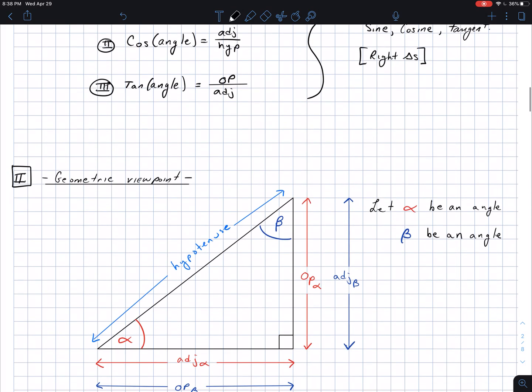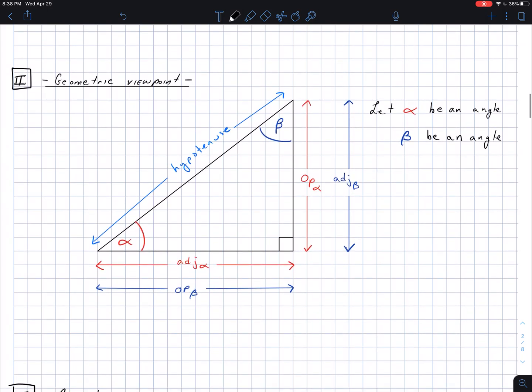The next thing I'd like to do is just show you a geometric viewpoint. Here we have a regular right triangle labeled with its hypotenuse and two different legs. Let alpha be an angle and let beta be an angle. So those are just the two angles, alpha and beta, that we are talking about. We need to understand the opposite side to a particular angle.